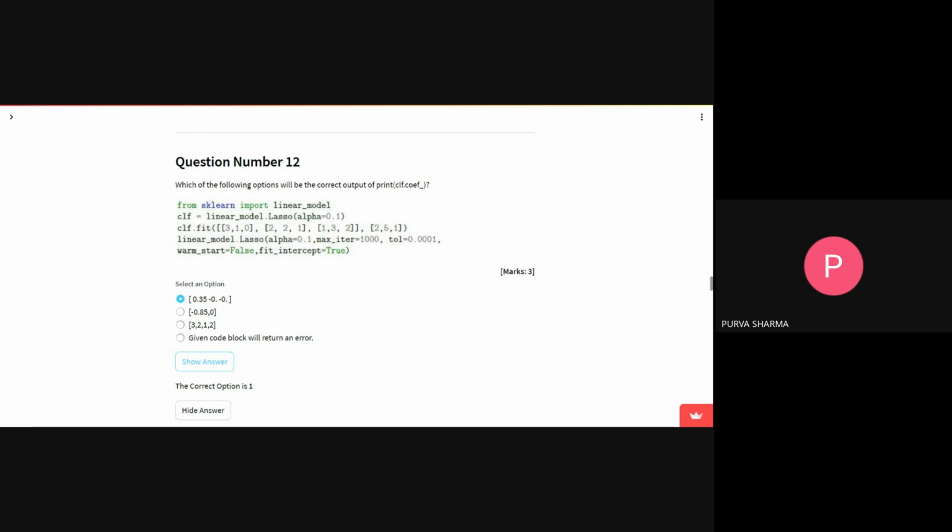We're just talking about if we set fit intercept to false, then it will definitely be 0, because the starting equation itself is different. Ma'am, what is the default value of fit intercept? It's always true.